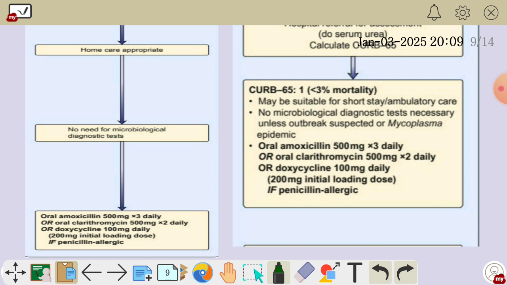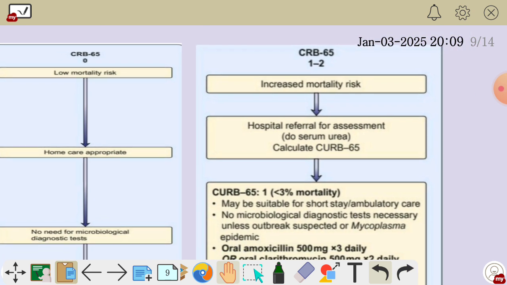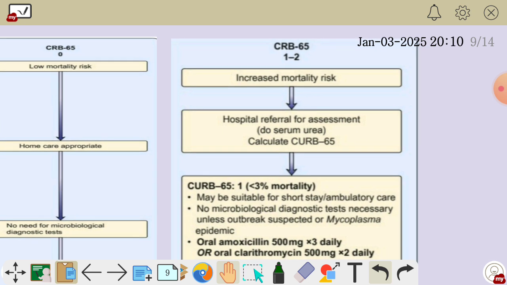Okay, so if the score is 1 or 2, here remember the risk has increased, so we need to refer for assessment. So we can do other assessments, and we may need to admit the patient just for a short period of time.